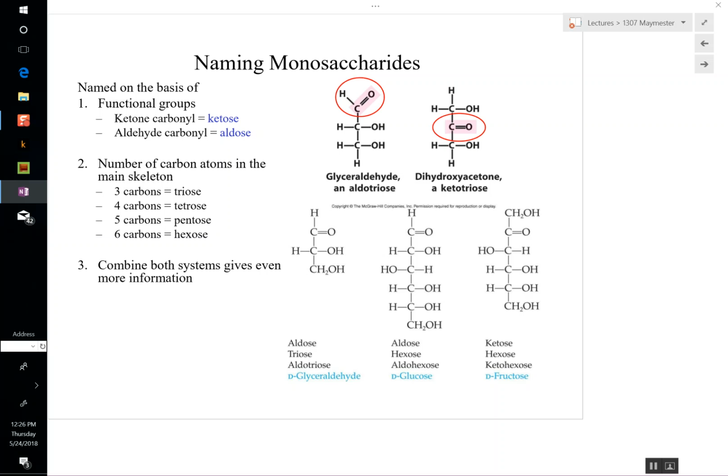Okay, so there's a number of things we're going to have to do in a certain prescribed way in order to draw these correctly, so that we would never draw glyceraldehyde upside down. You know, we're not going to draw it like this. I say never. The only time we would do that is to show you what a bad example would be.